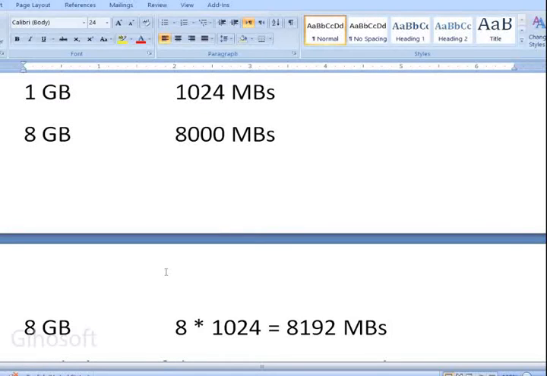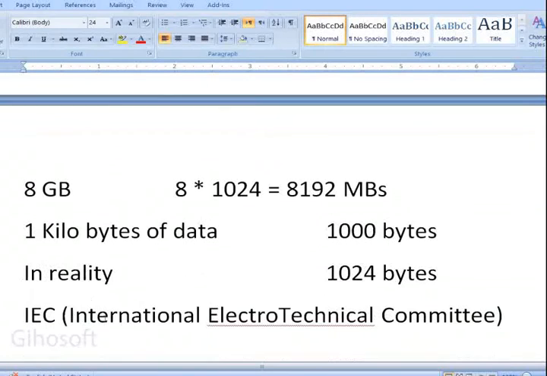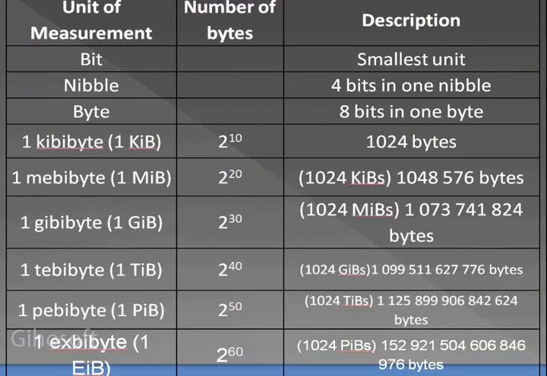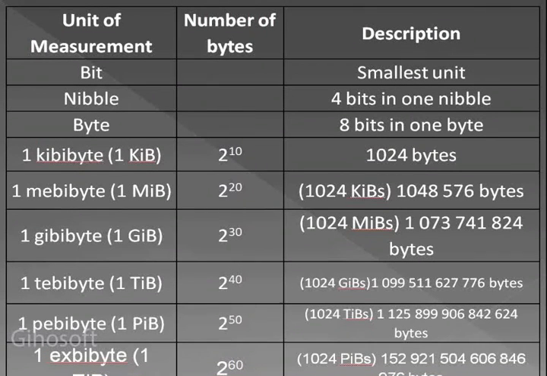In order to solve this confusion, the IEC, the International Electrotechnical Commission, has developed a new system for measuring data units, which is given in the slides. This is the table for that. Now they have basically changed the name of the units as well as their symbol.